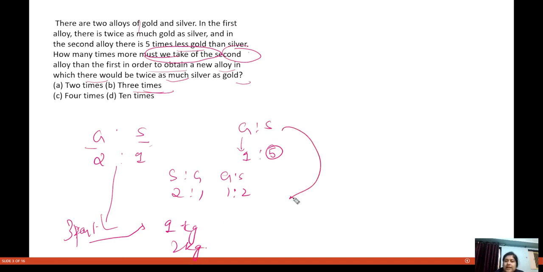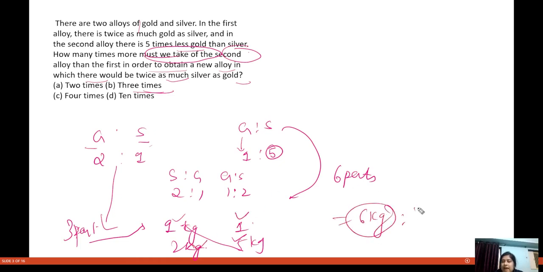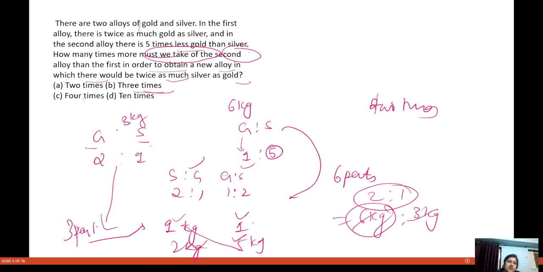And if you are taking 6 parts of this alloy, then you will get 1 kg gold and 5 kg silver. So this is the quantity of silver and this is the quantity of gold. So you are getting 6 kg silver and 3 kg gold. So it is coming to be 2 is to 1 ratio, which we wanted. And obviously we are taking this 3 kg, we are taking this 6 kg. So 2 times.